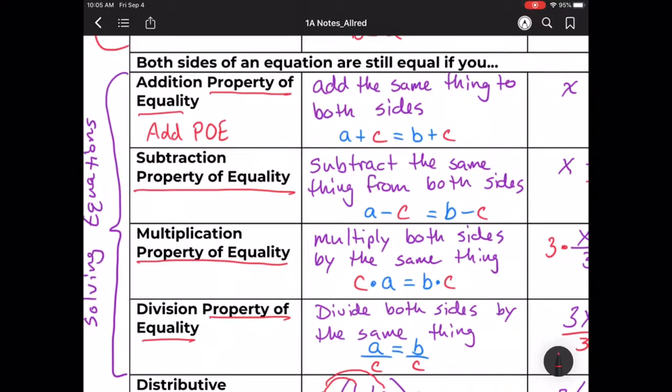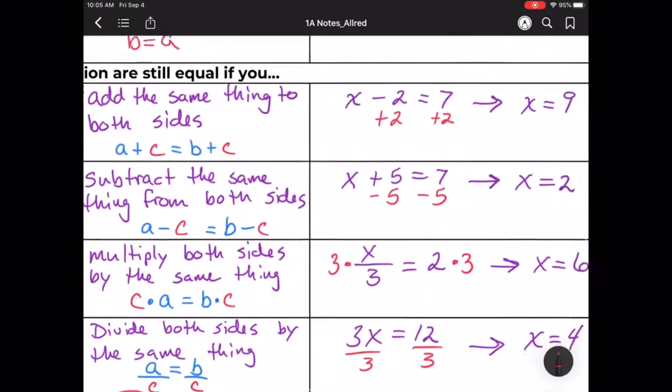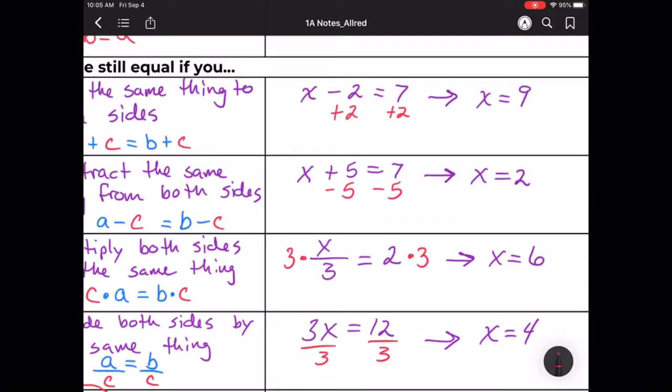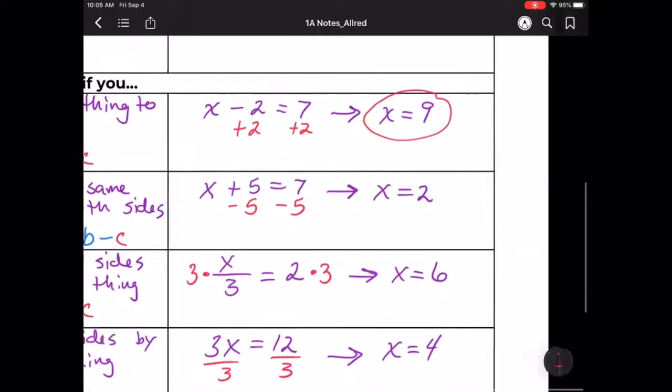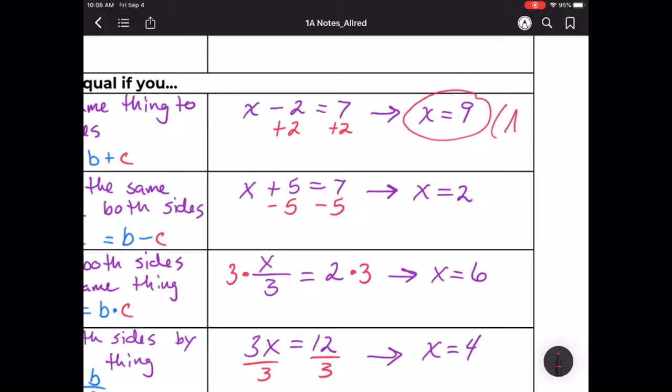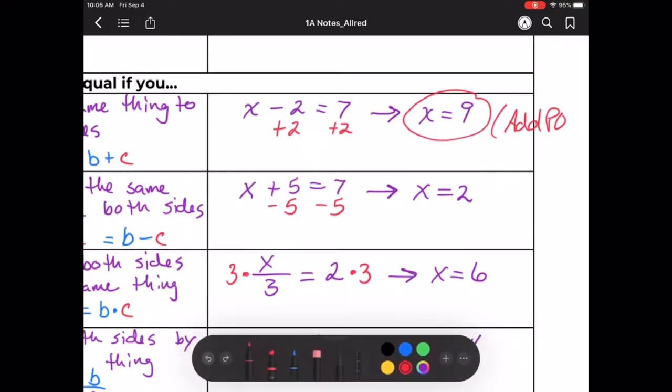So when we solve an equation by adding something to both sides, kind of like this example here, when I have x minus 2 equals 7, and I add 2 to both sides to get x equals 9, I've used the addition property of equality. So my statement in my proof might be this, and then the reason I put out beside it is add POE. Okay, and so we'll go through how to do that when we do an example of a proof.